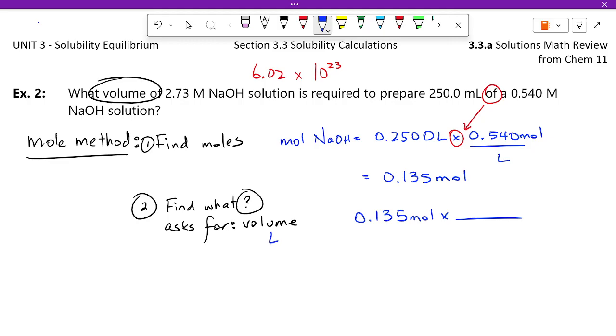Volume is liters. I have moles. I need to cancel the moles and find the liters. So I want the moles on the bottom and the liters on the top. And what am I trying to find the volume of? 2.73 moles per liter. So that's going to be my 2.73 moles per liter.